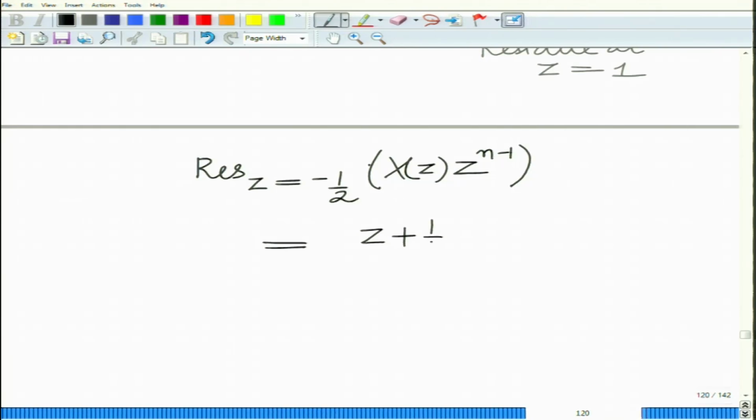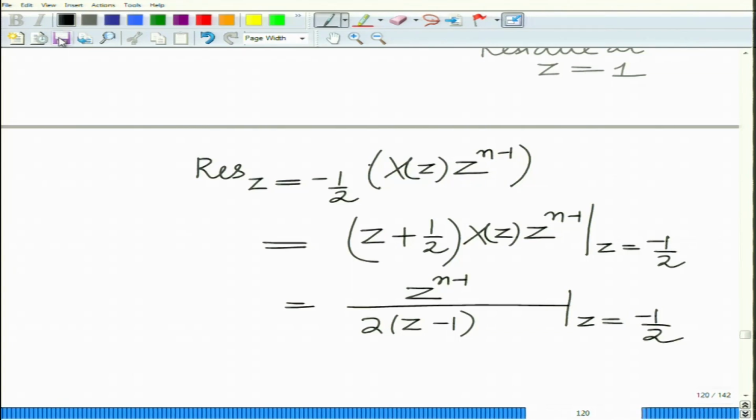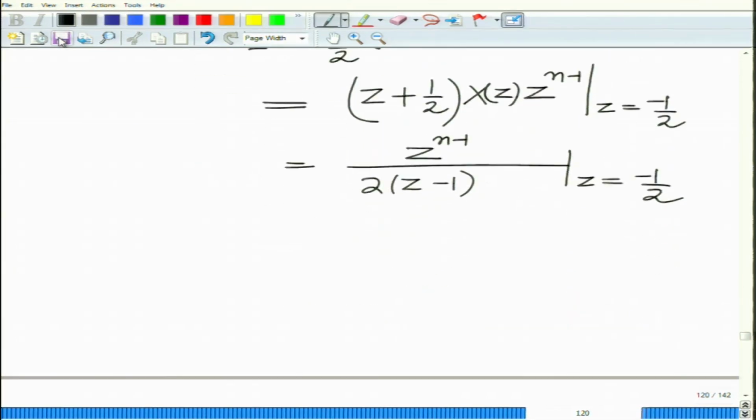Okay. So, that is the residue at z equal to minus half, that will be z raised to n minus 1 over (2z minus 1) evaluated at z equal to minus half.